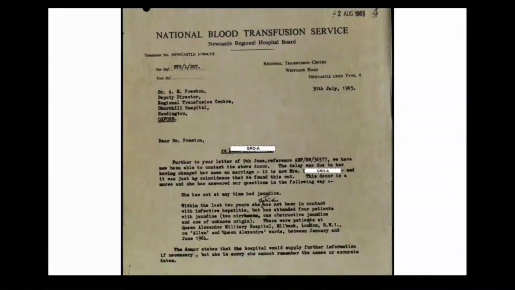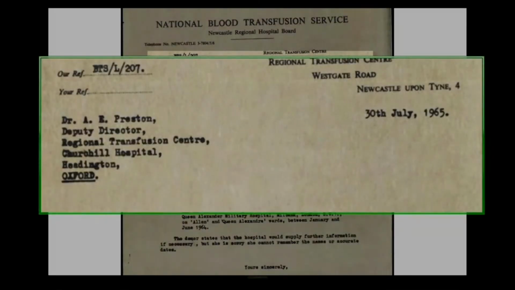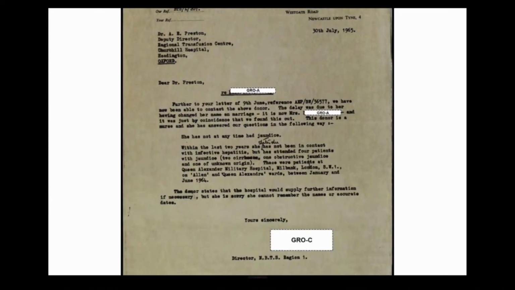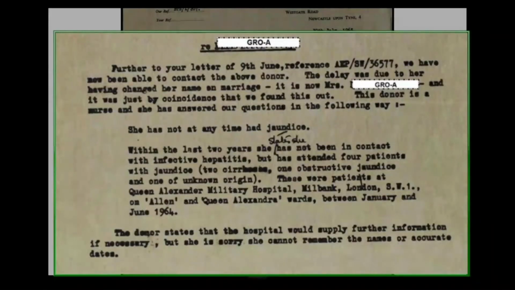This is a letter from 1965 from the director of the MBTS Region 1 to Oxford's Regional Transfusion Centre, noting that further to your letter of the 9th of June, and going to give the reference, we have now been able to contact the above donor.